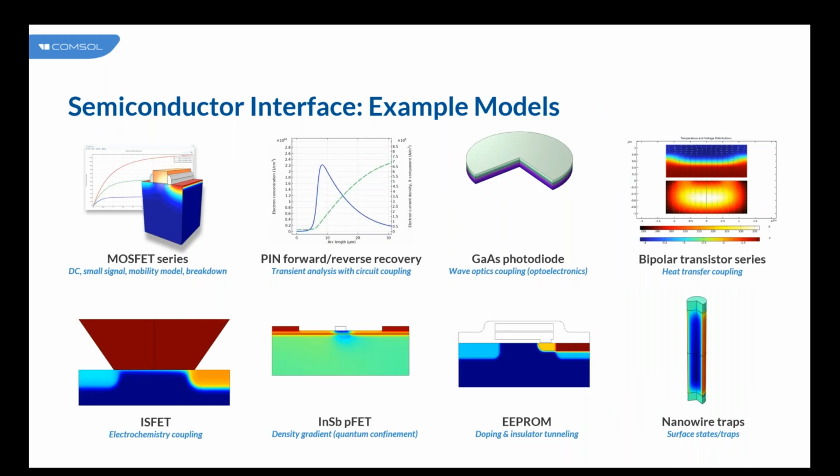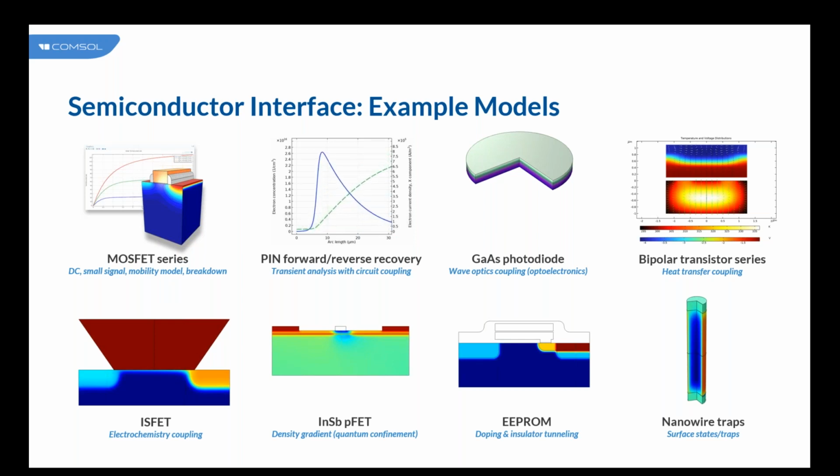So by using those features and conditions, we can simulate all kinds of semiconductor devices, from a basic p-n junction to more complicated semiconductor devices. We have a large group of MOSFET examples. It's good for you to start with.